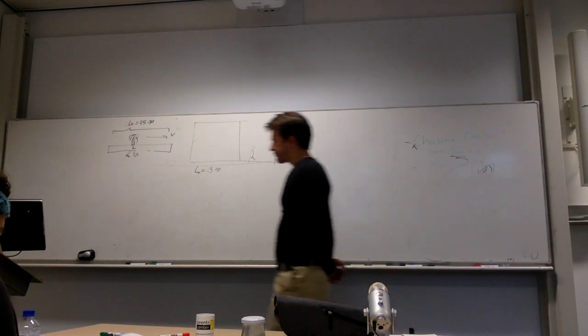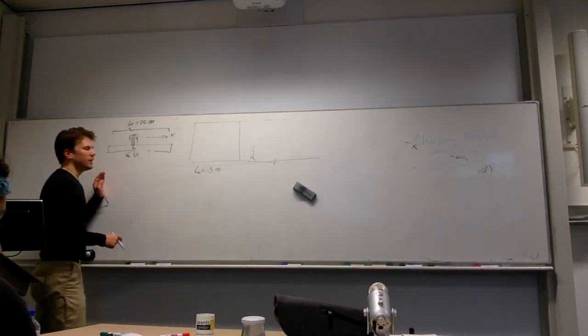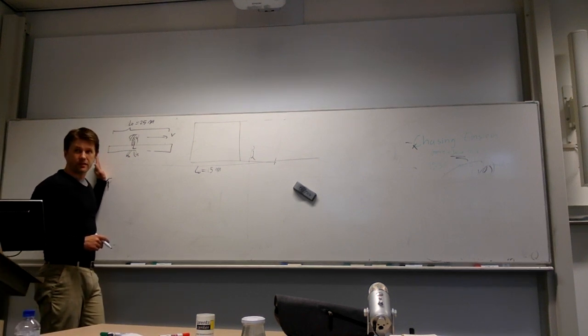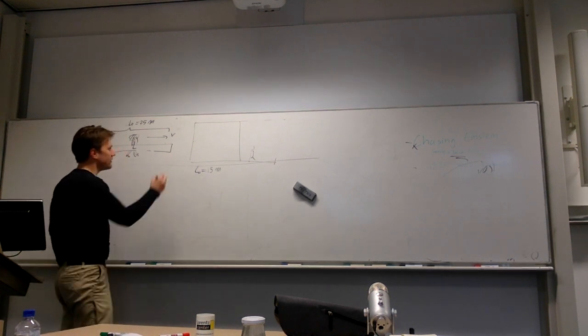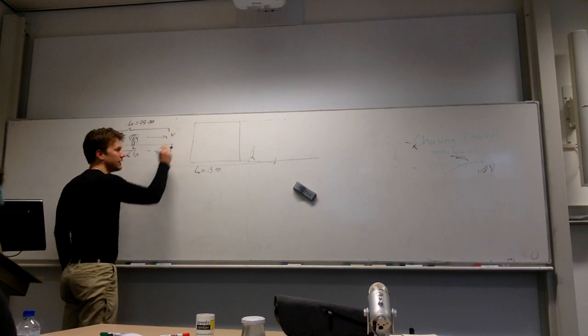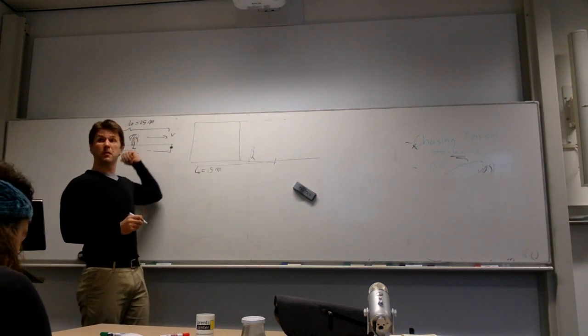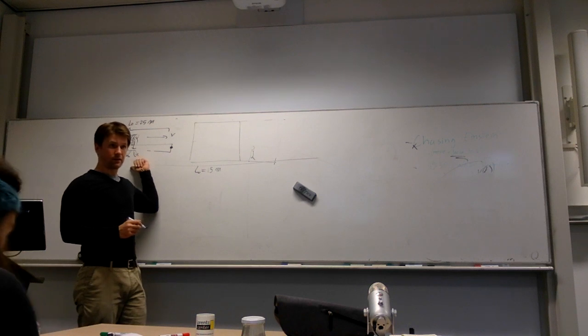You have to think really clearly about what you mean when you say something fits or does not fit. When you say that something fits, what you're saying is that the front end is within the barn, while at the same time the back end is also within the barn.